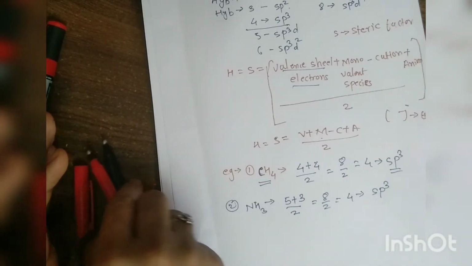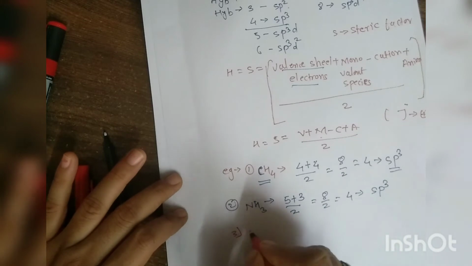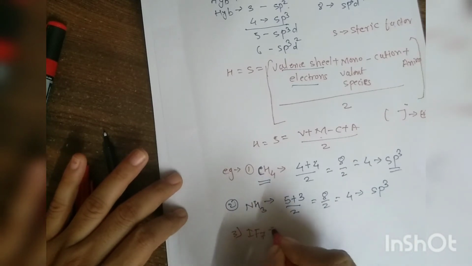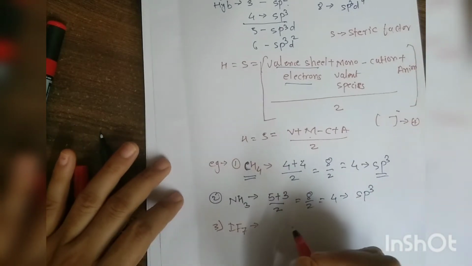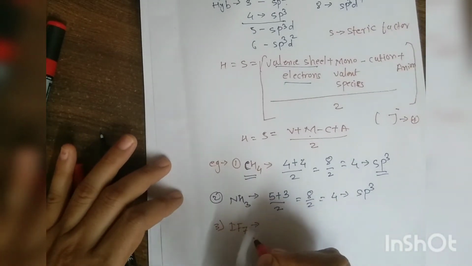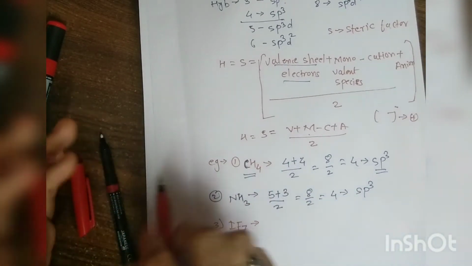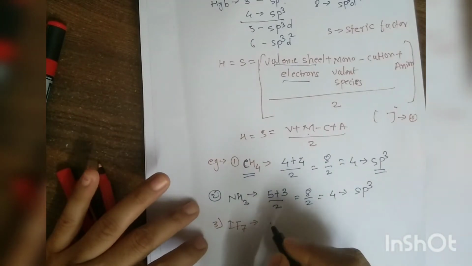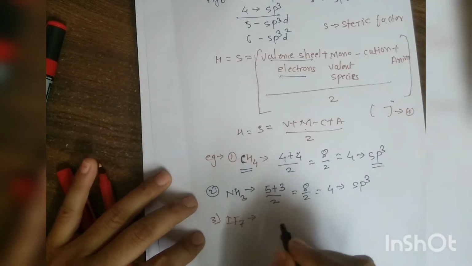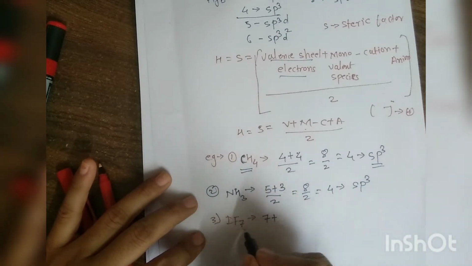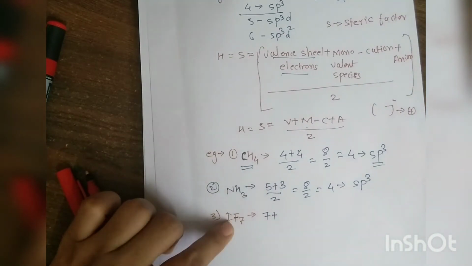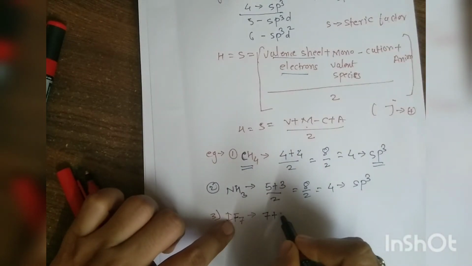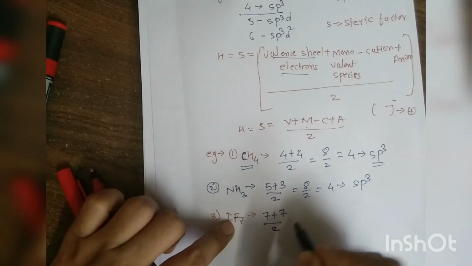Now let's take another example, because this type of example is always asked in chemistry examinations. Here iodine has 7 electrons in its valence shell, so 7 plus fluorine, which is a monovalent species, so this is 7, divided by 2.